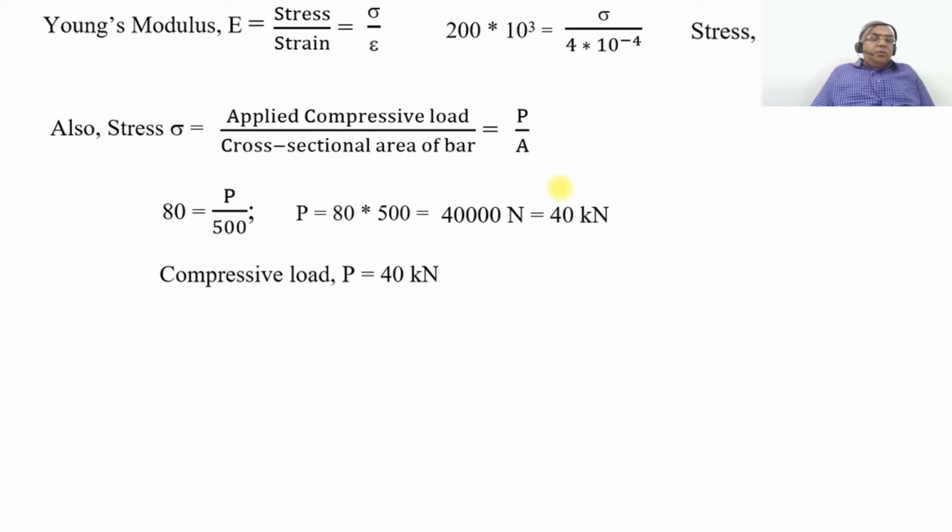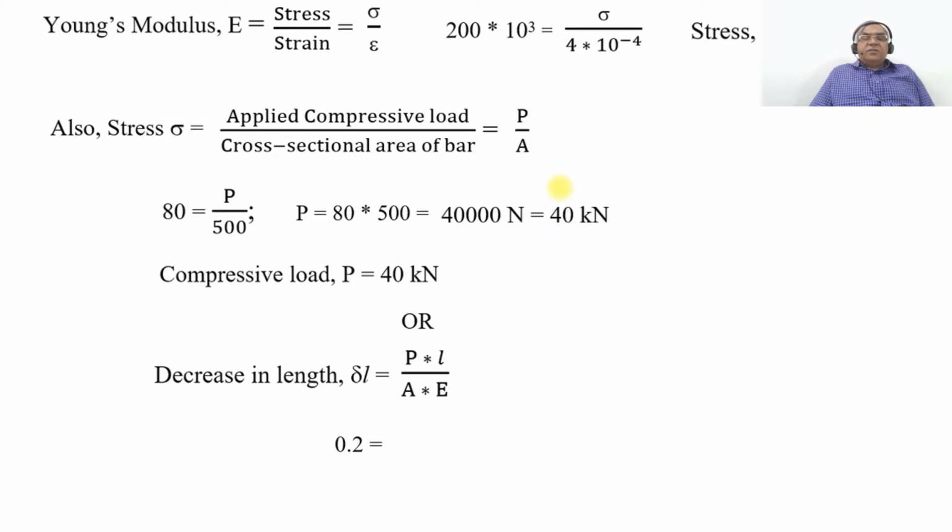Therefore, the compressive load which needed to be found in this problem, which is P, will be equal to 40 kilonewton. Or we can also find out using the decrease in length, delta L, which will be equal to P into L by A into E. We know the value of delta L, the length, the area of cross-section, and the Young's modulus.